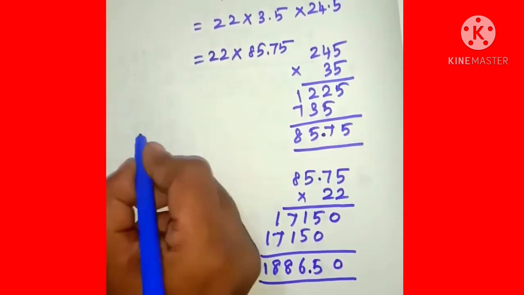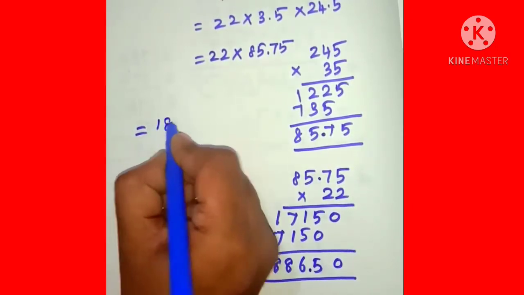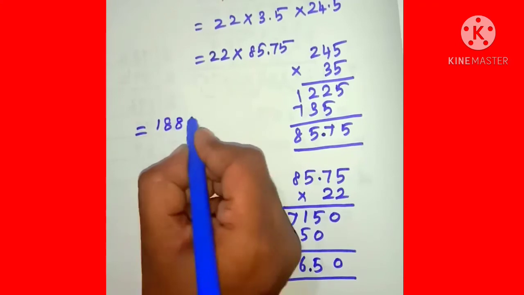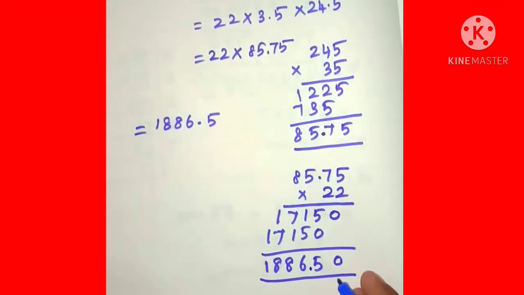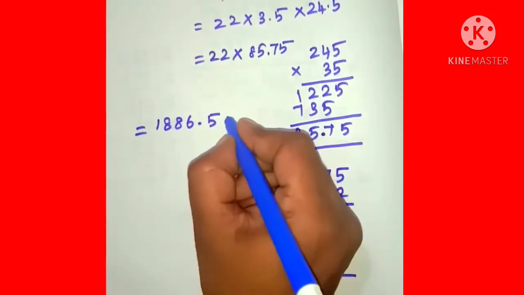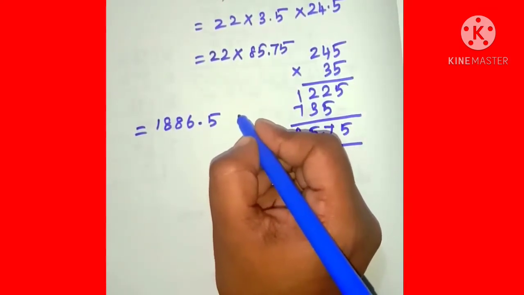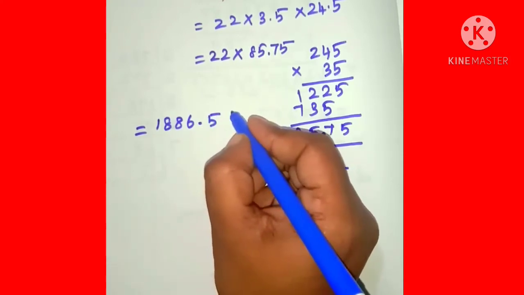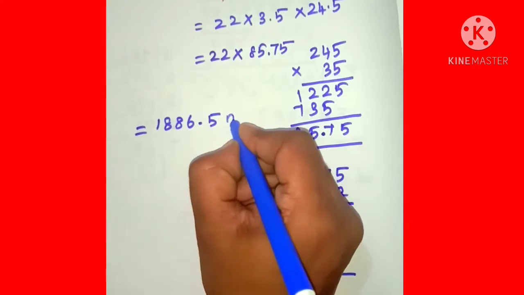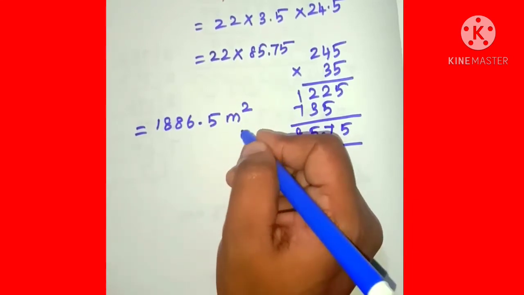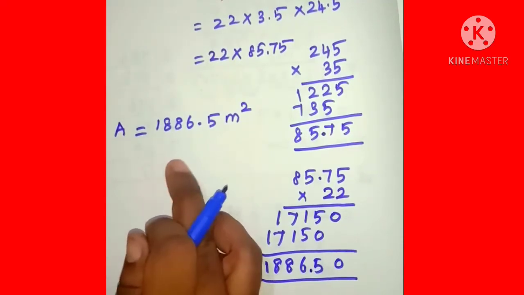So students, the value is 1886.5. We need not put the 0 after the decimal point in the decimal part, so leave the 0. And here meter square is the square unit, which is the area of the circular park.